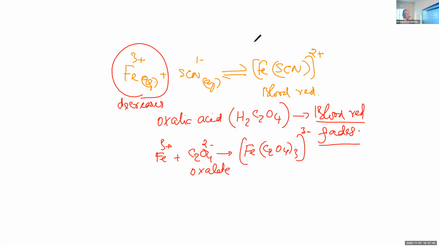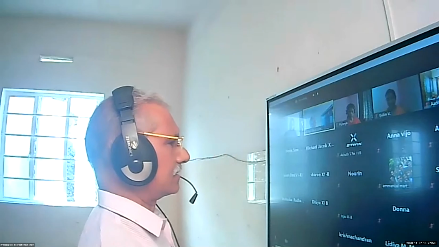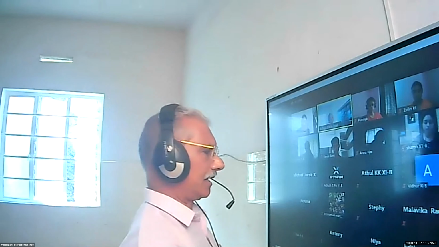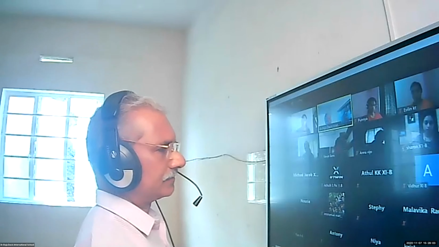So we can generalize this: when at equilibrium the concentration of the reactant is increased, the forward reaction increases and the product increases.